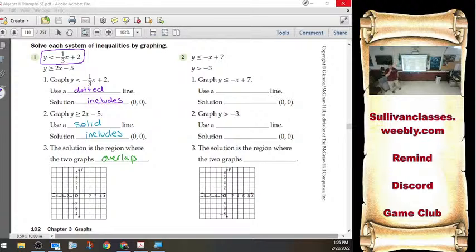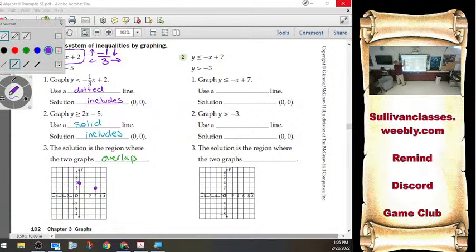Okay, first one, where are you starting? Positive 2 on the y-axis. I love that we say on the y-axis. Okay, when I see a negative 1/3, remember, down 1, right 3. Up or down, always to the right. Down 1, right 3. Uh-oh, I ran out of room. Up 1, left 3. So that's when I put its opposite on there as well.